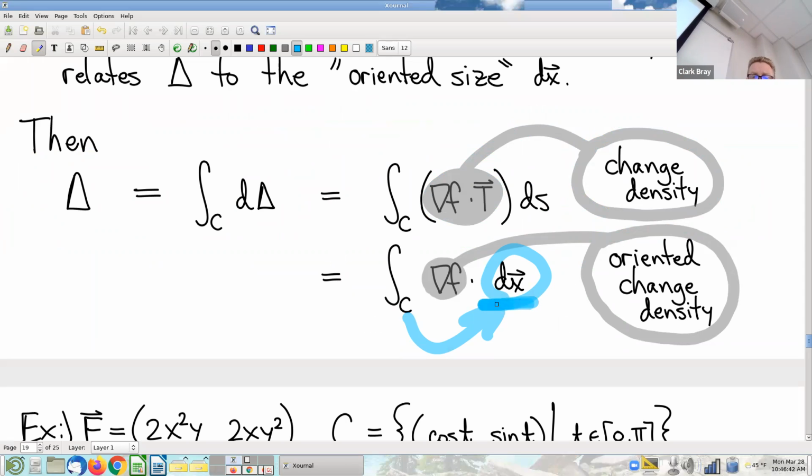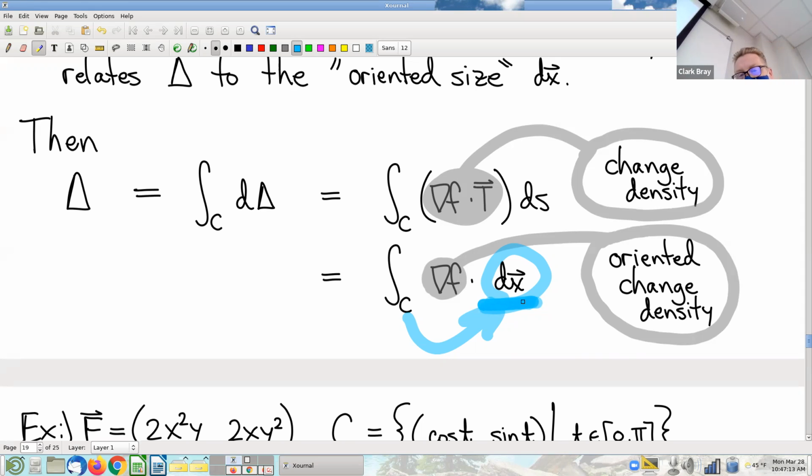This dx vector is telling me both how long that little piece of curve is, by the magnitude of dx, ds is wrapped up inside of dx. But also the dx vector is telling me how that piece of curve is oriented, whether it's pointing that way or this way, or a bunch of different ways you could be going. All of which matters. So it's all wrapped up into the dx vector.